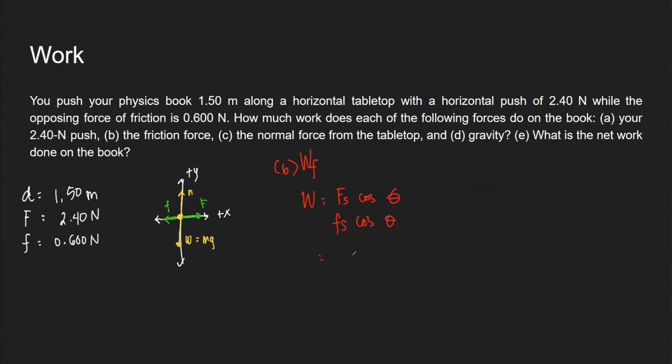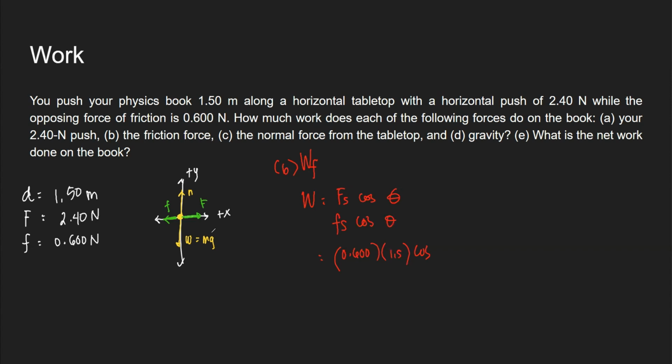Your f would now be 0.6 newtons times your 1.5 meters cosine, since small f is along the same axis but in the opposite direction. It's not really along the positive x-axis, it's in the opposite direction.